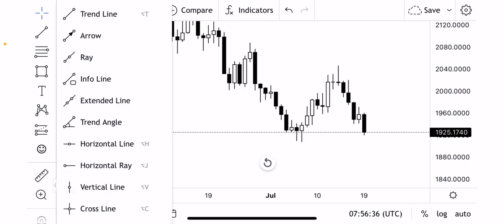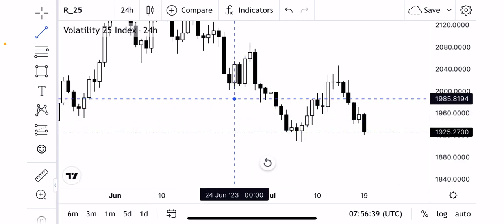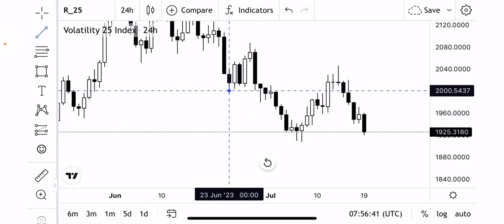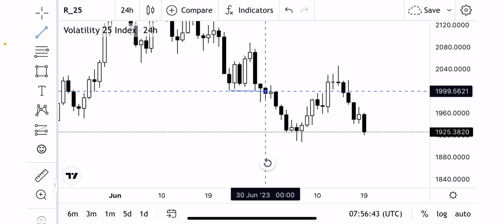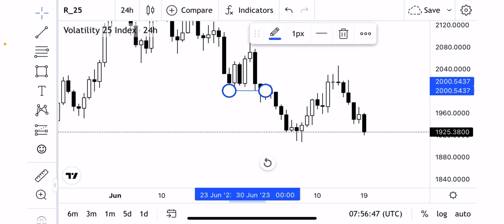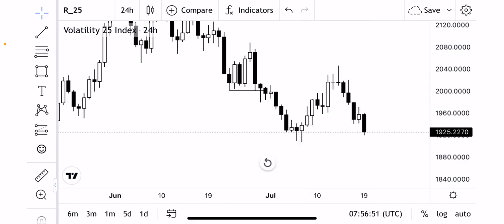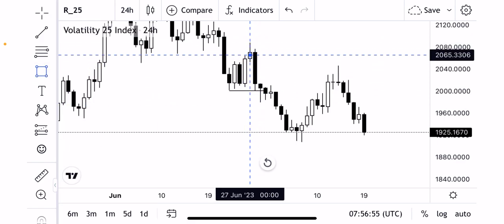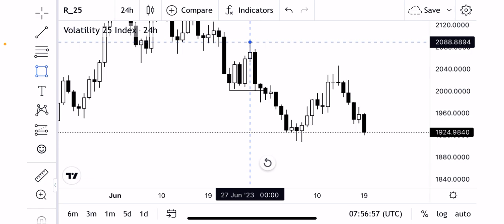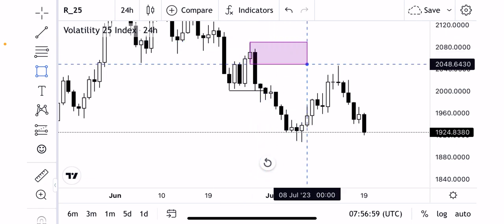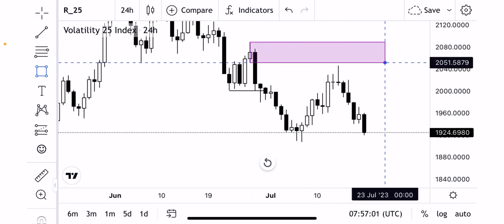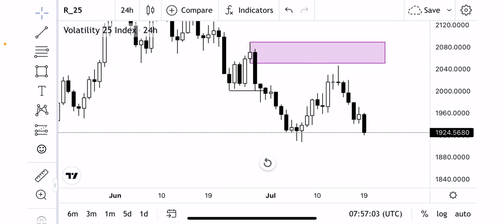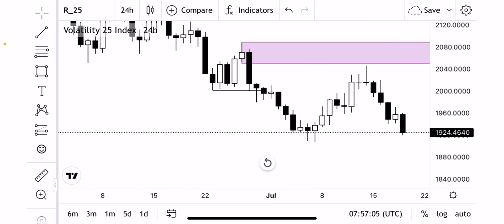Okay. So like I said, I saw something beautiful and very clean on Volatility 25. So we have a BMS to the downside. Yeah, we had the BMS to the downside. And this is an area that was left untested, because we had a fair value gap.